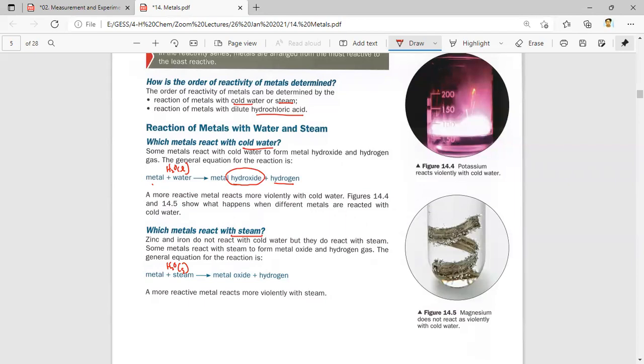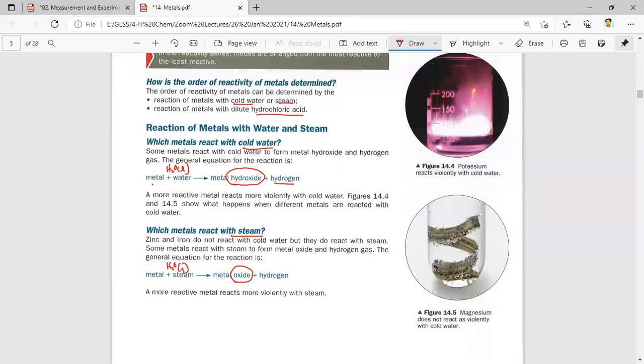Whereas if I let the metal react with steam, my product is different. Instead of hydroxide, now it's only oxide. So there is a difference in the product when you let the metal react with cold water or with steam.